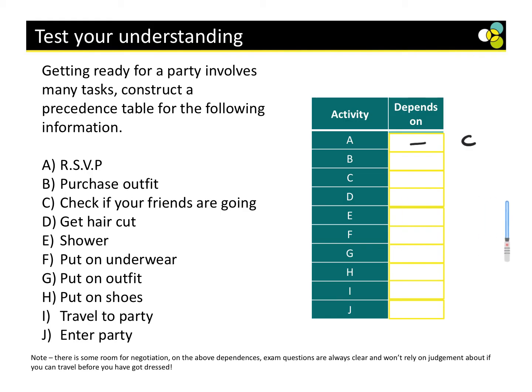Or should we do both at a time? If we're saying we're going to RSVP if our friends are going, purchasing our outfit is then dependent on A because we RSVP'd, okay? If we are checking that our friends are going, it will also depend on A because we RSVP'd, right?